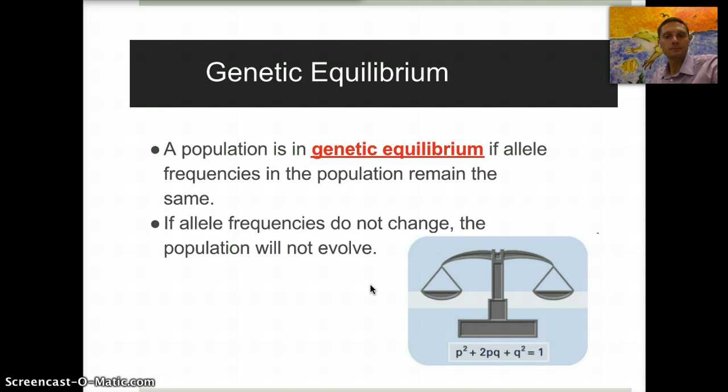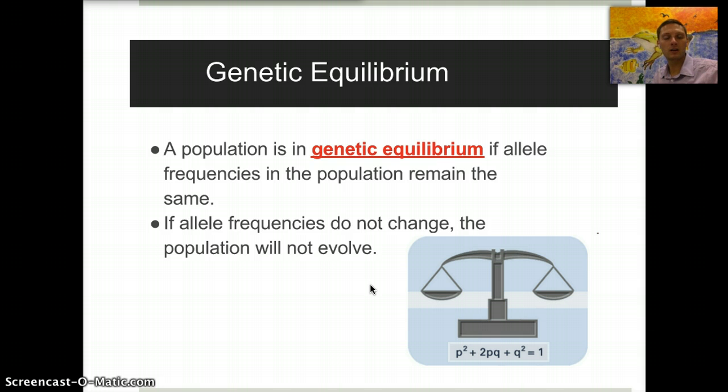Genetic equilibrium within a population occurs if the allele frequencies in the population remain the same. So within our whole gene pool, if the frequency of all of the alleles, how often they occur, is remaining the same, then the population is said to be in genetic equilibrium. Equilibrium meaning balanced. If the allele frequencies don't change, the population is not going to evolve.